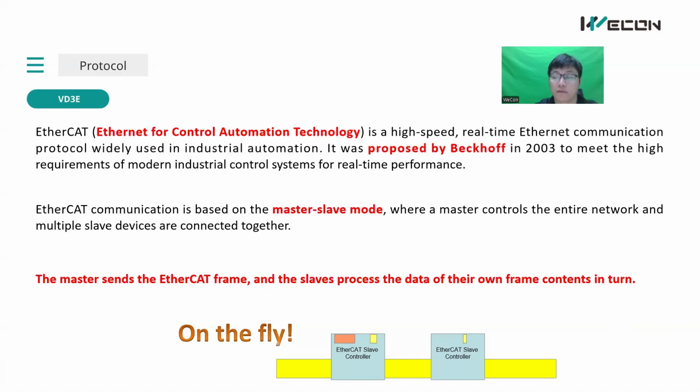This is one cycle, and the cycle time is very fast. Usually we set the EtherCAT synchronous cycle as 1 ms, 2 ms, or 4 ms. This is the cycle time for this frame to go around.